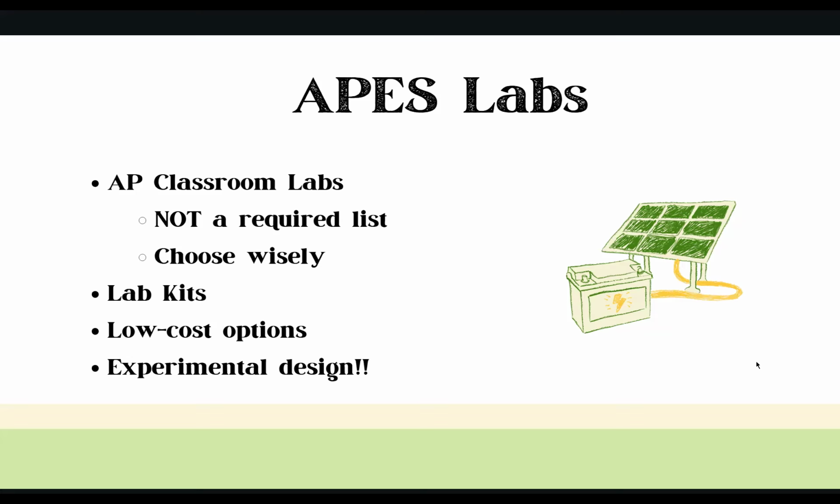Whichever labs you end up doing, what you want to remember is to make sure you are working in the scientific experimental design vocab. We don't want AP level labs to be cookbook labs where everything is laid out and they just follow instructions.